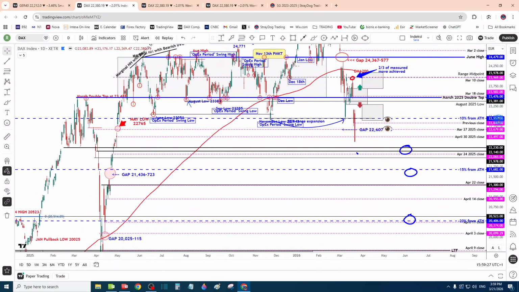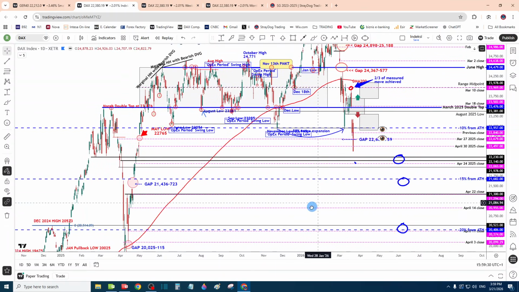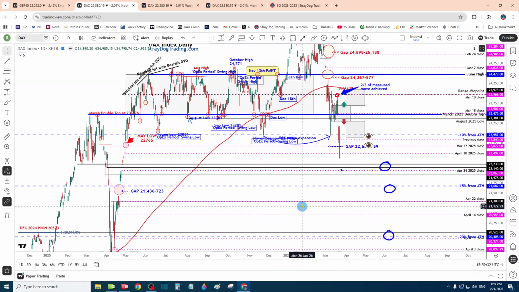I have circled some areas which I think are important, and I'm going to explain why I think that. First area would be this here, the area in which DAX was in the after hours on Friday.